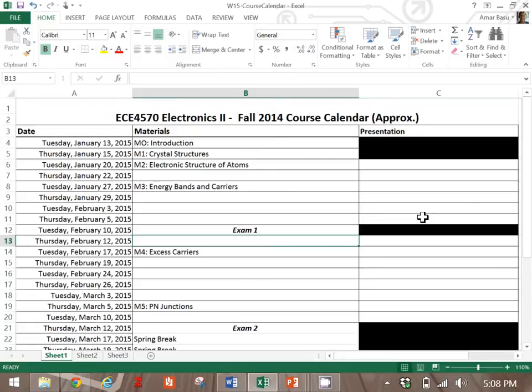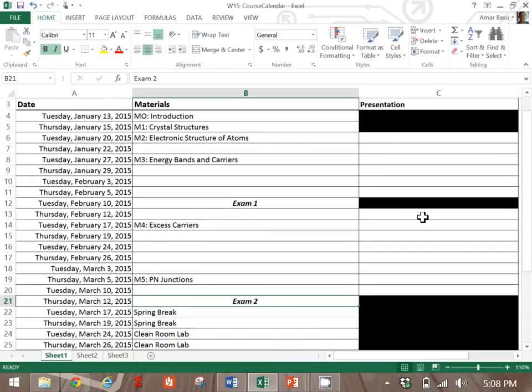But I'm targeting the first exam to be February 10th. The second exam will be right before spring break. I'd like to have it before spring break because no one likes to spend spring break studying and then have an exam right afterwards. So let's try to have this exam the last day of class right before spring break, so you can go and have fun after that.